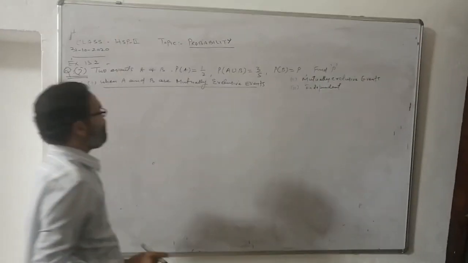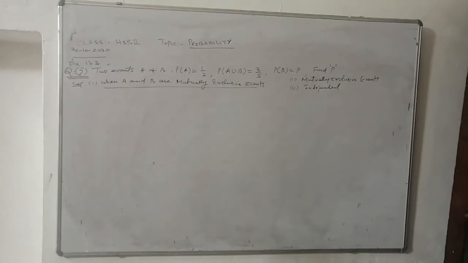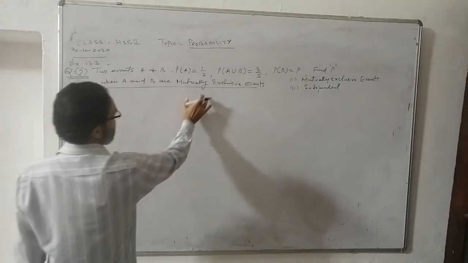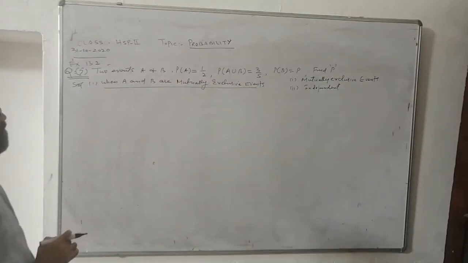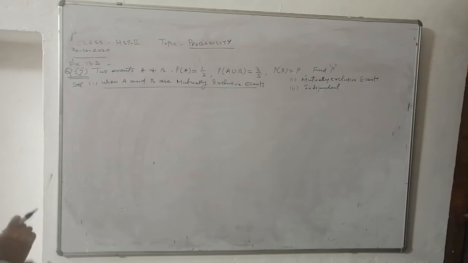First you must be knowing what are mutually exclusive events. We call two events mutually exclusive if the two events cannot occur at the same time. That means if the two events cannot take place simultaneously, we say they are mutually exclusive events.